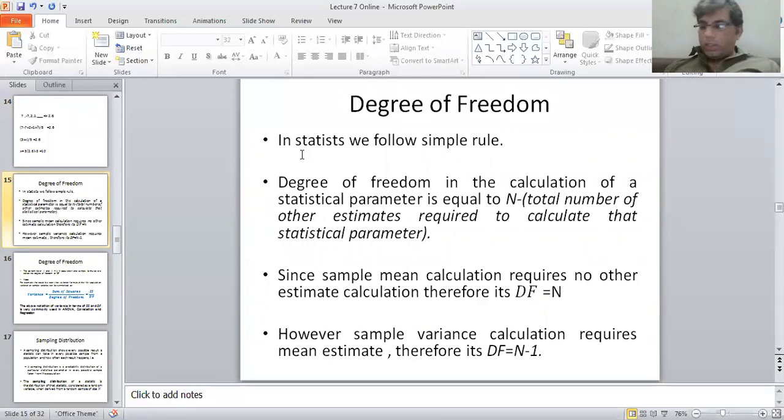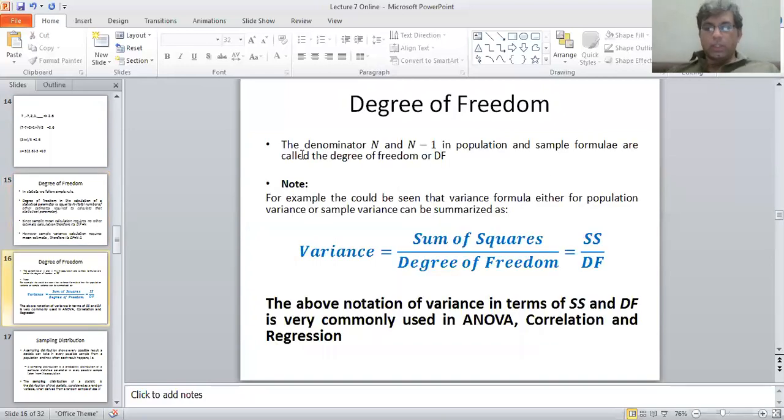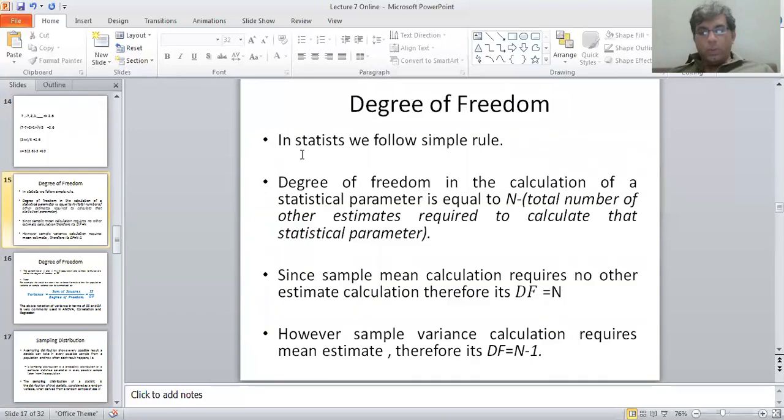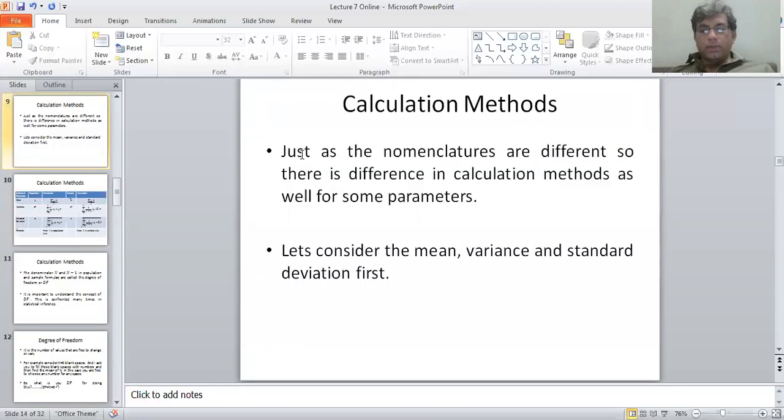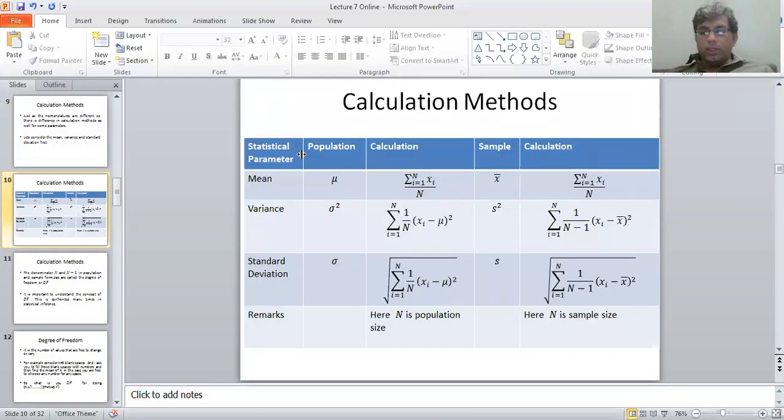And taking advantage that we have understood degree of freedom, I want to just focus on the calculation of variance from the equation that is given for the calculation of variance, whether it is for population or the sample. We should always remember that variance is nothing but the ratio of two things, which is sum of the squares to the degree of freedom. We can see that in these formulae we have sum of the squares in the numerators and the degree of freedom in the denominators for the variance case.